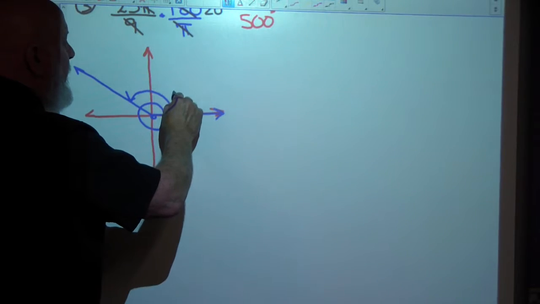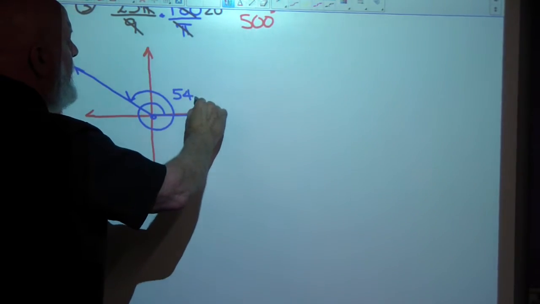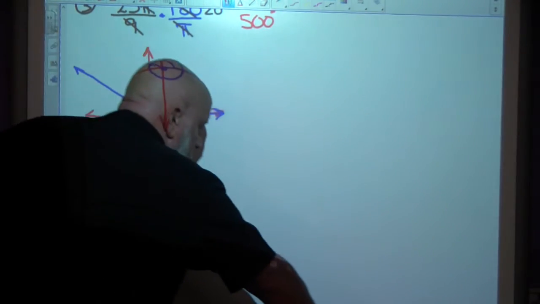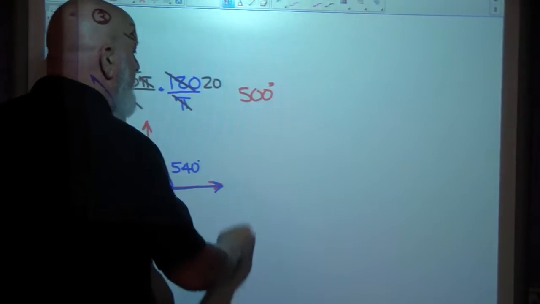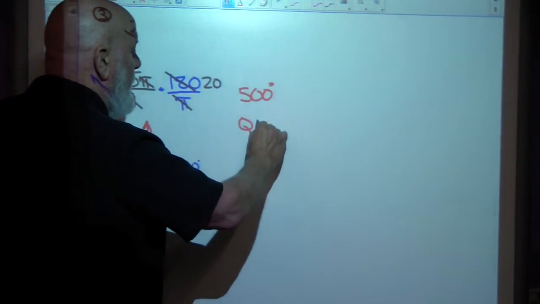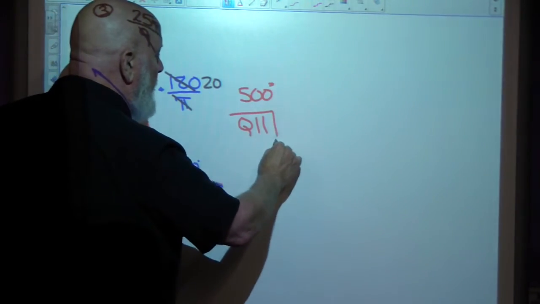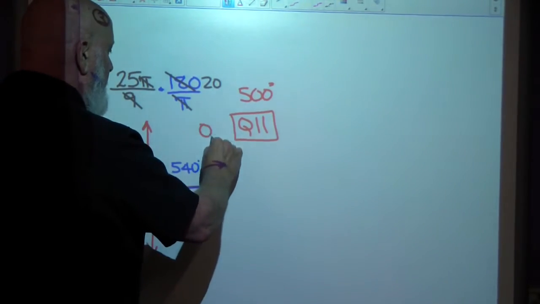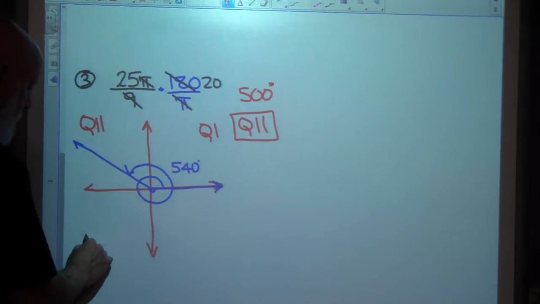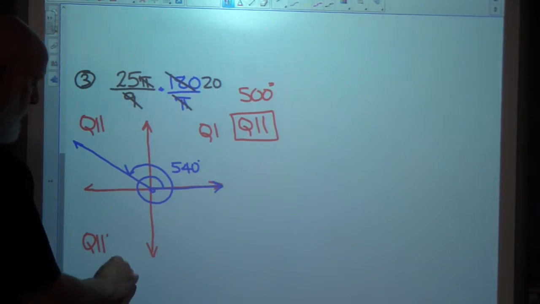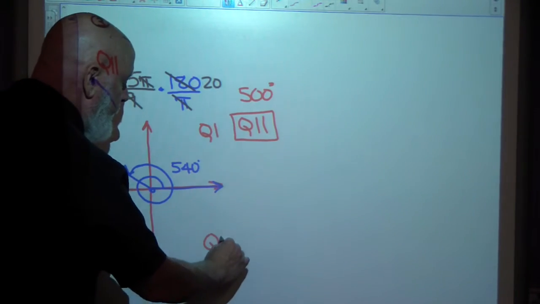That's a 540 degree angle. And so we answer our question by indicating that we are in quadrant 2 again. That's the answer to our question. This is quadrant 1, quadrant 2, quadrant 3, and quadrant 4.